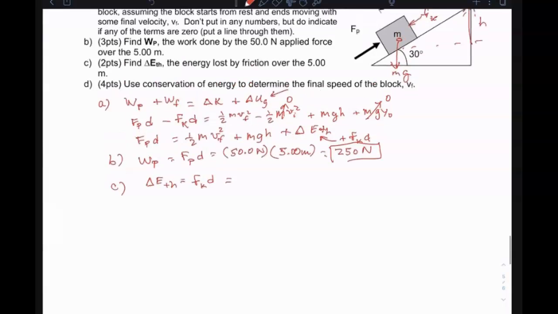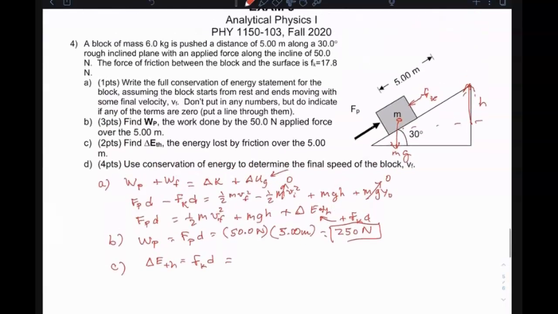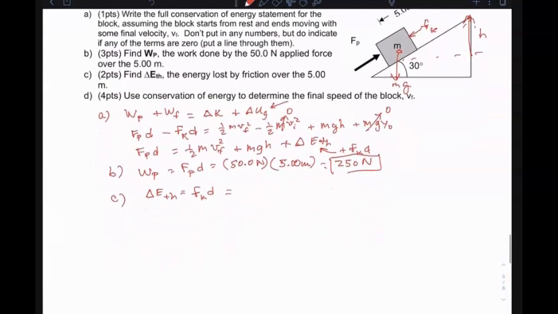And the friction force, they tell us, is 17.8 newtons, times the displacement, 5.00 meters. And when you multiply that, you get 89.0 joules.